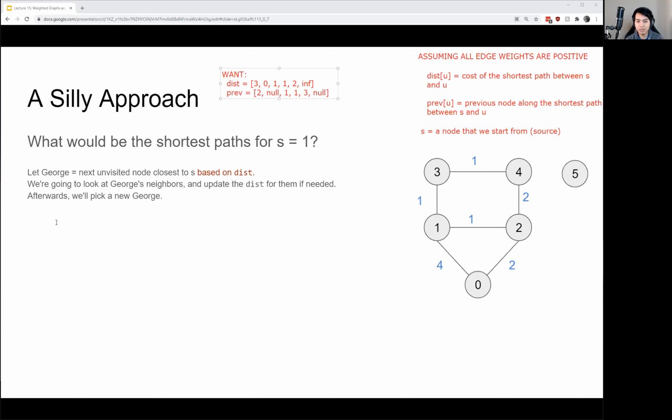However, what we start with in this case is distance equal to a bunch of infinities, and prev will be a bunch of nulls. At the very beginning, we know nothing about nothing. So our approach starts by assuming we know nothing, right?